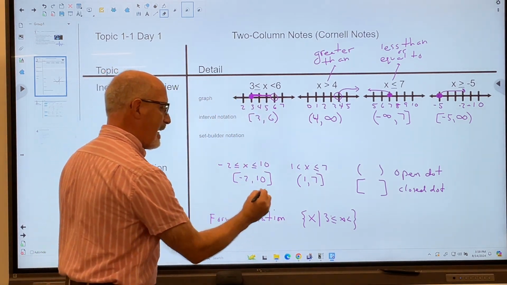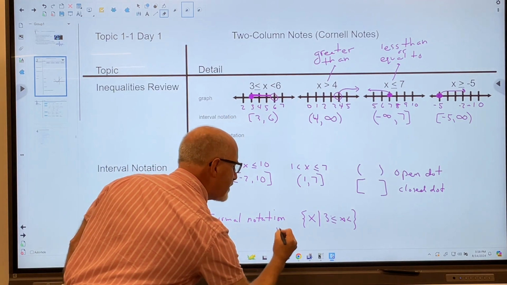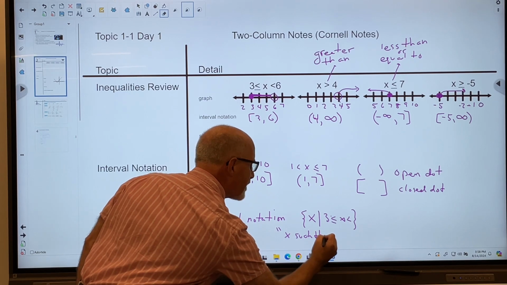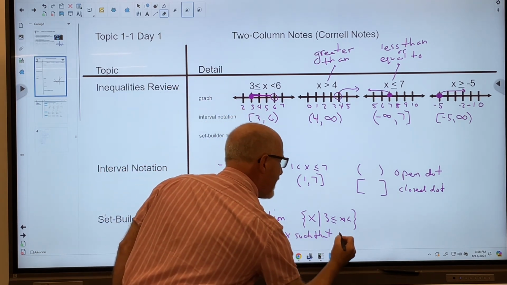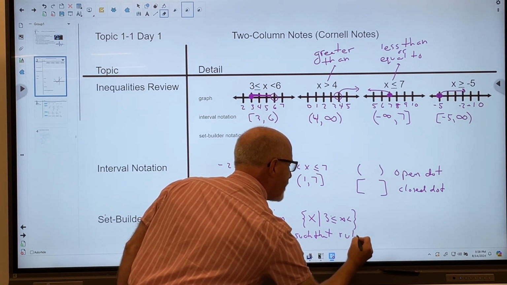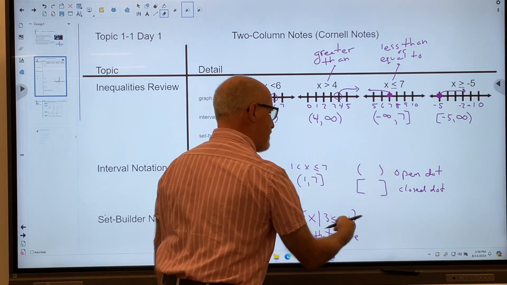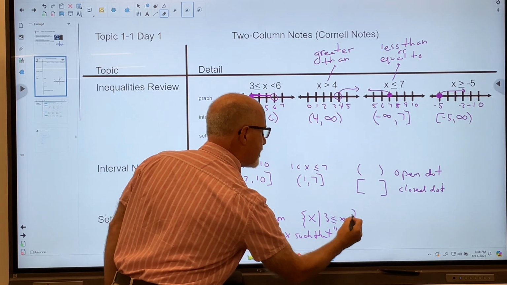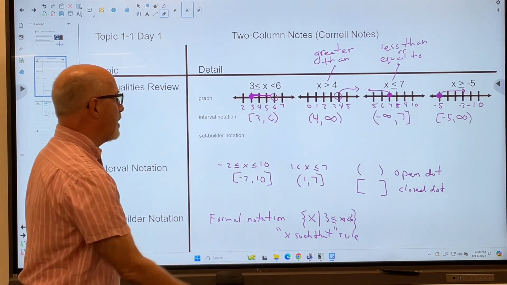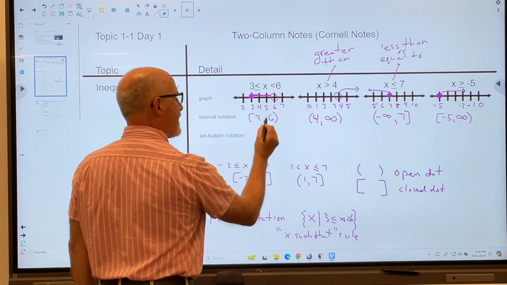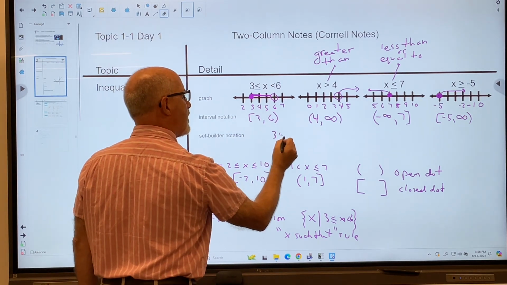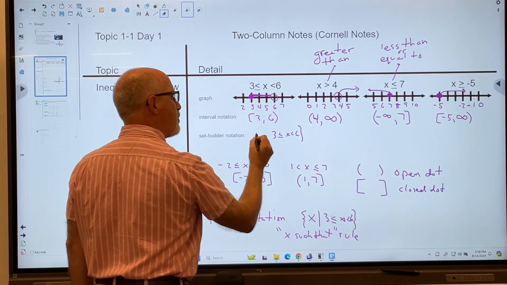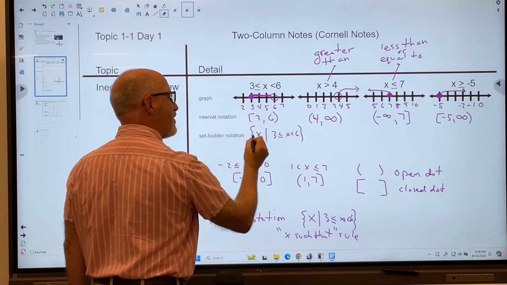So all this is saying is, the way it's read is x such that, and then you give the rule that comes after it. x such that, let's see, we're less than 6 here. All right, so for set builder notation, you just give that rule. So I'm going to just rewrite the rule, put a brace at the end, and then just put an x with a slash in front of it, just to show that notation.